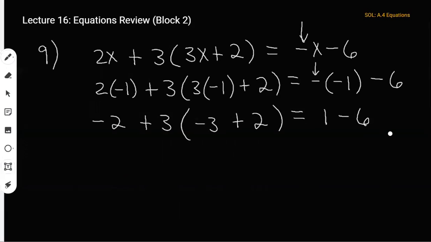So let's see if these two sides are the same thing. Now, inside the parentheses, I have negative 3 plus 2 right here. If I add those two numbers together, I'm going to get a negative 1. On the other side, I have 1 minus 6. That's going to give me negative 5.